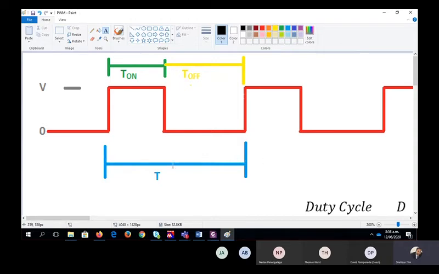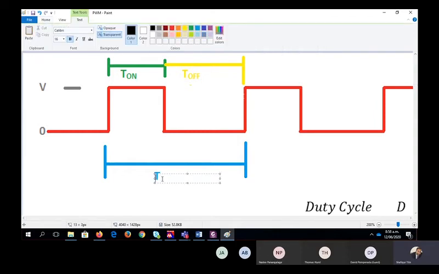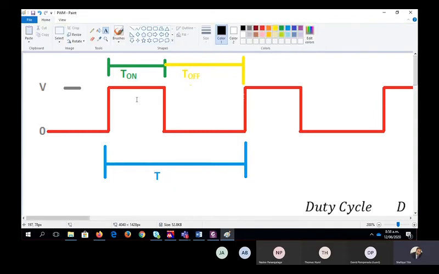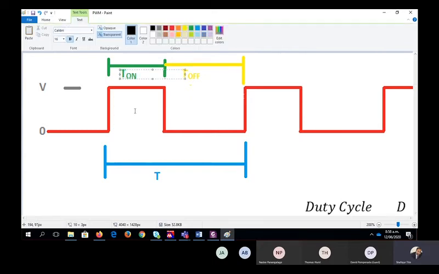So I need to tell this capital T, and how long within this period it will be on. This on time is dependent on the duty cycle. So in simple words, we need two parameters to be given: one is capital T, another is capital T on. If you want to generate a particular pulse, I need these two parameters.